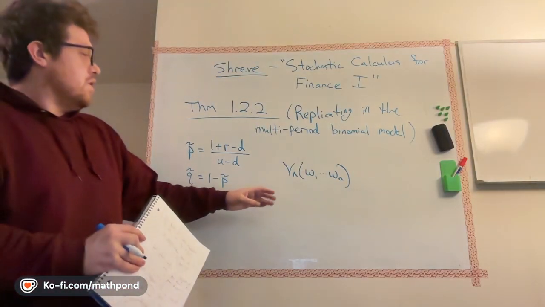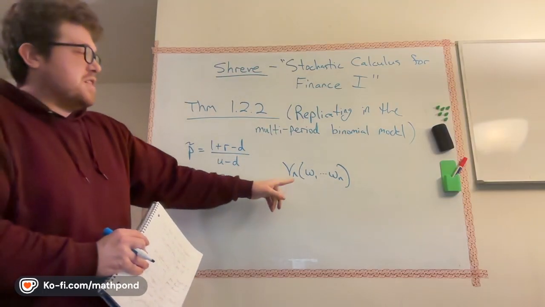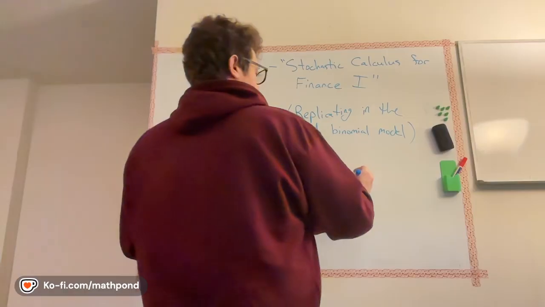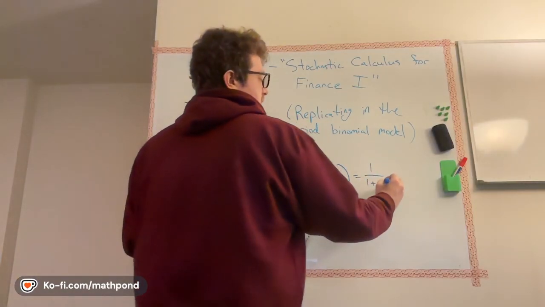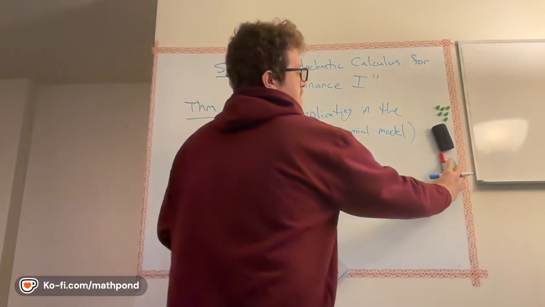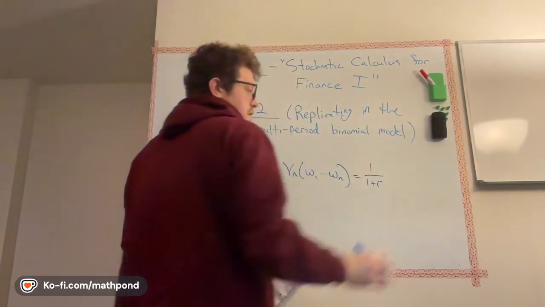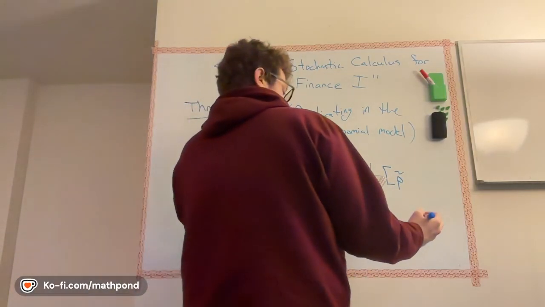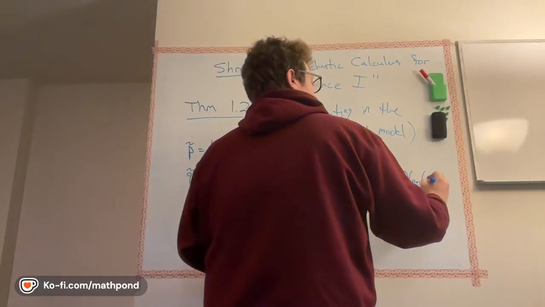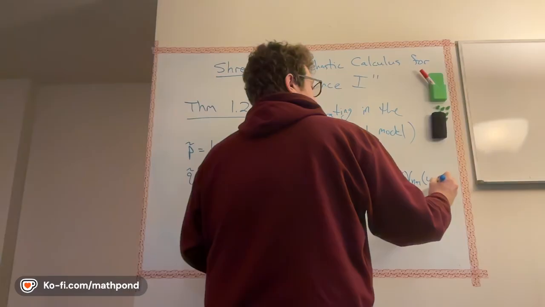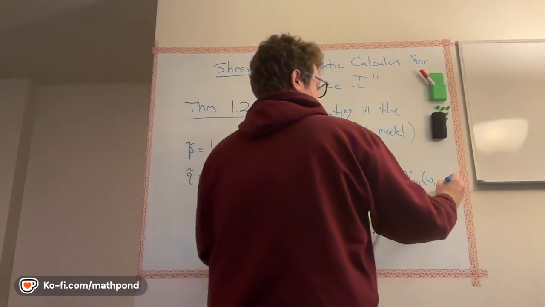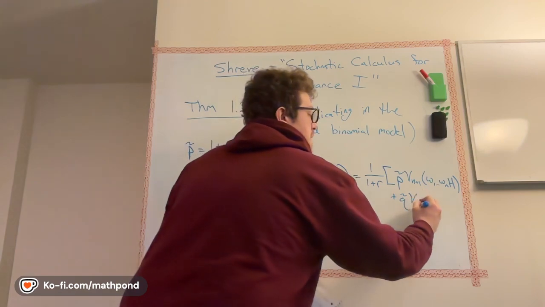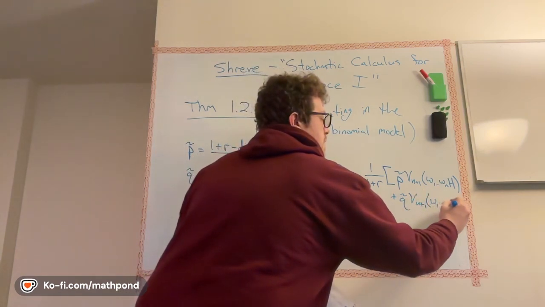So this theorem is saying that the price of the option at time n, given the first n ups or downs of the stock, is 1 over 1 plus r, so we're going to discount by the risk-free rate, and then it's going to be this average in the risk-neutral measure: p tilde times V n plus 1, with all the same omegas and then heads at the end, plus q tilde times V n plus 1, same thing, and then tails.